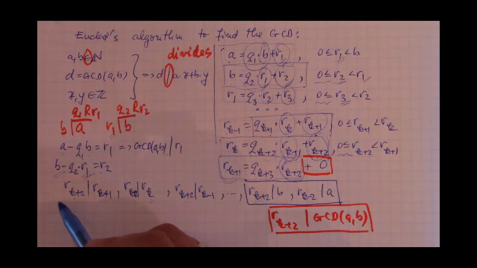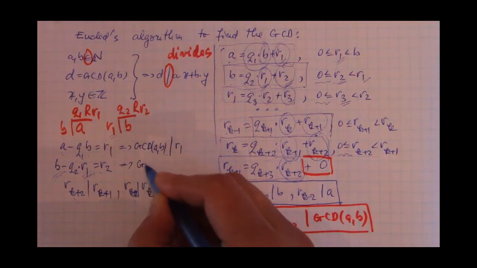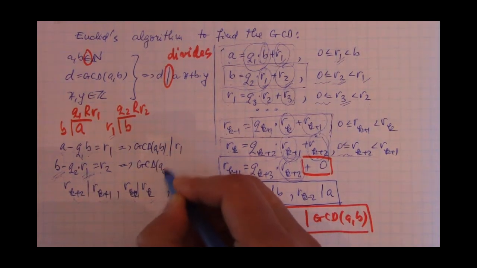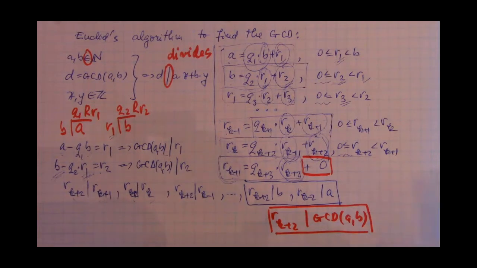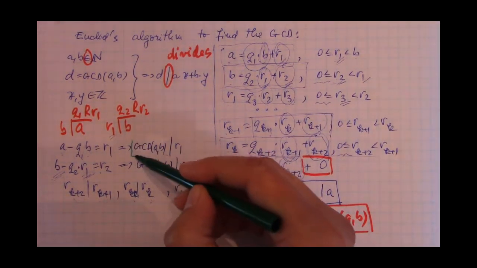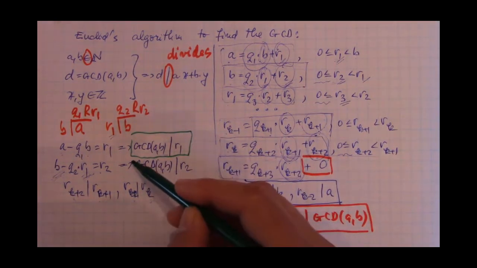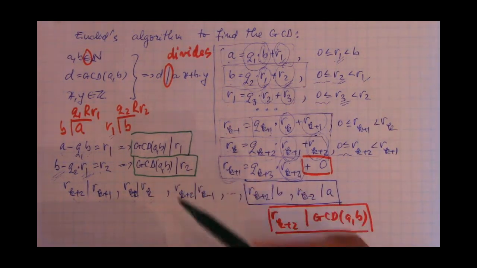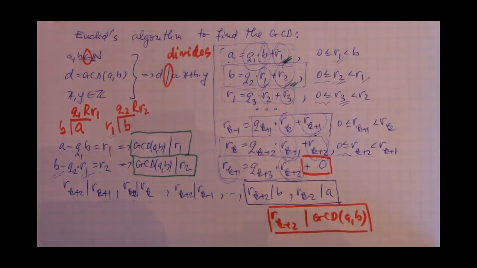Obviously, the GCD of a and b divides b. So what this means is that the GCD of a and b divides r2. Here's a very nice relationship saying that the GCD of a and b divides r1, and the GCD of a and b divides r2. So the GCD divides both of these remainders.